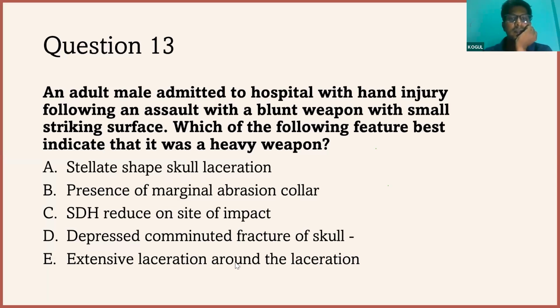Extensive laceration around the laceration is also possible with a heavy weapon, but the ideal answer is the depressed fracture with a small striking surface. A depressed fracture is the more accurate indicator of a heavy weapon. So that is the answer. These are the questions and answers related to head injury.